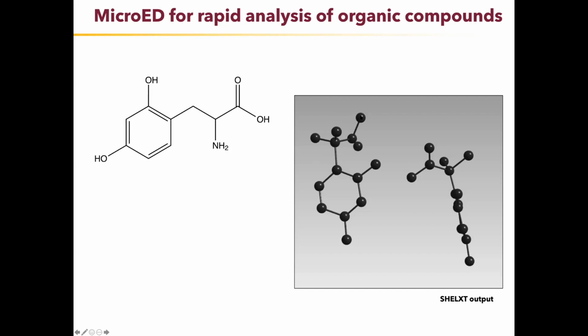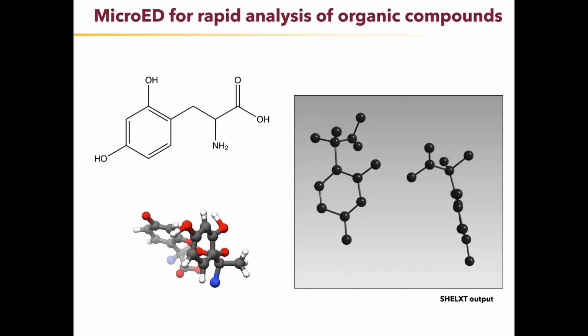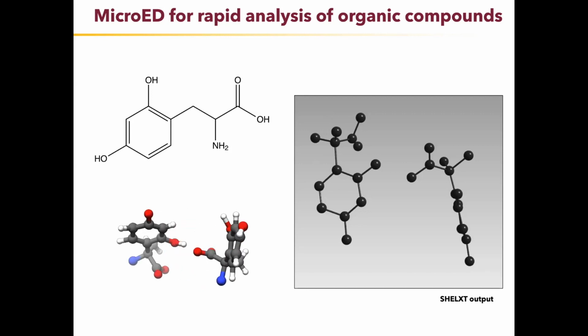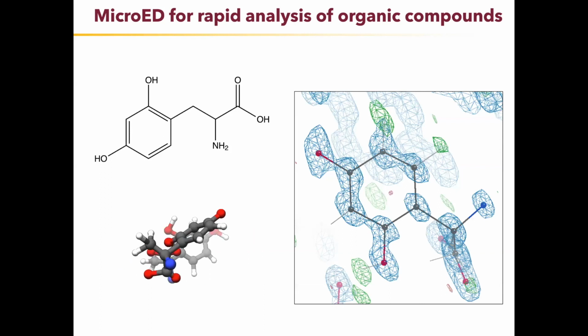And there was an extra carbon up here, which matched their NMR data, but they didn't think that was possible. Well, the benefit of this is that seeing is believing. Within about an hour of getting the sample, we had the structure, and they were convinced that they had made something they did not intend to make. And you can see the map is pretty nice.